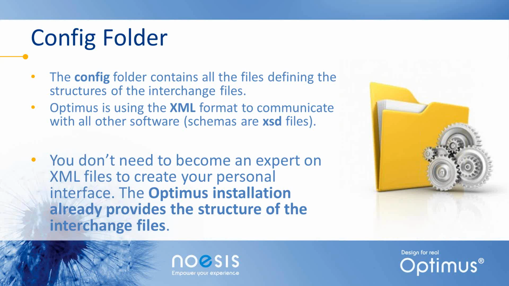But please don't be scared about that, because you really don't need to become an expert on XML files to create your personal interface. In the Optimus installation, there is already all the structure available for the interchange file, and what you need to do is just copy all these files into your config folder.